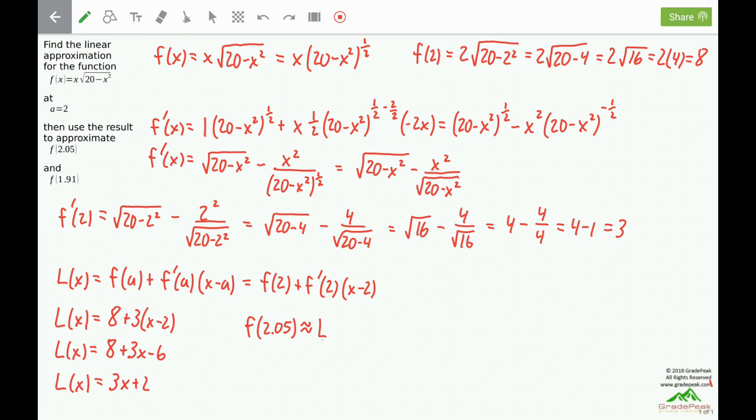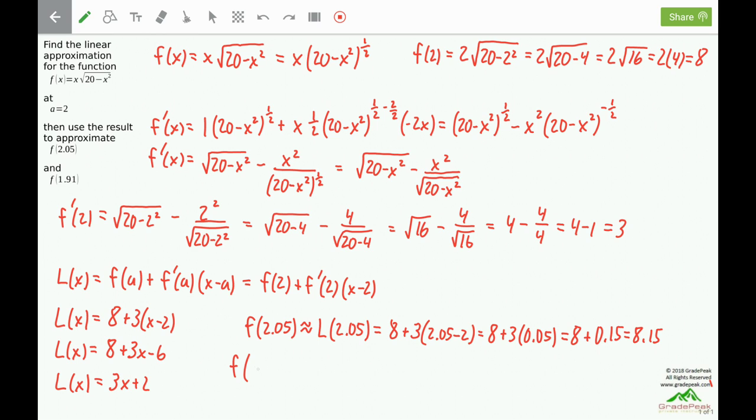So this will be able to be approximated by plugging the 2.05 into L. The best version to use numerically is usually the original version, this one, which will give us 8 plus 3 times 2.05 minus 2. 2.05 minus 2 is 0.05, which gives 8 plus 3 times 0.05 is 0.15, and this comes out to 8.15.